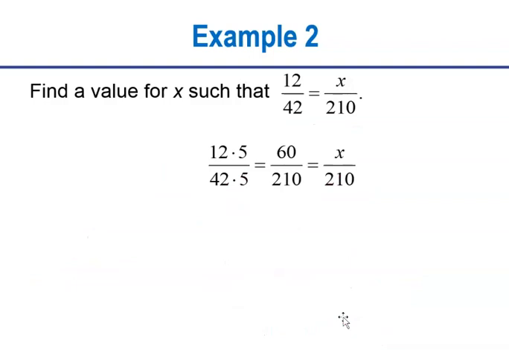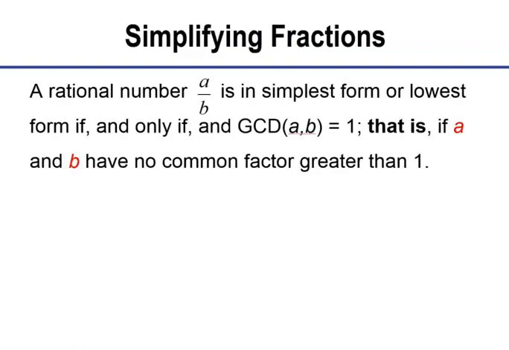Notice they just showed us very quickly that 5 over 5 works because 42 times 5 is 210 and 12 times 5 is 60, and then they go on to say that your x value is equal to 60, and there it is.